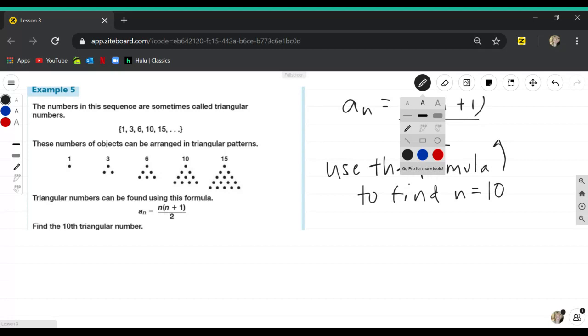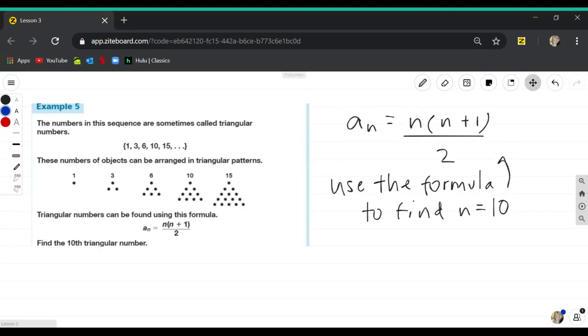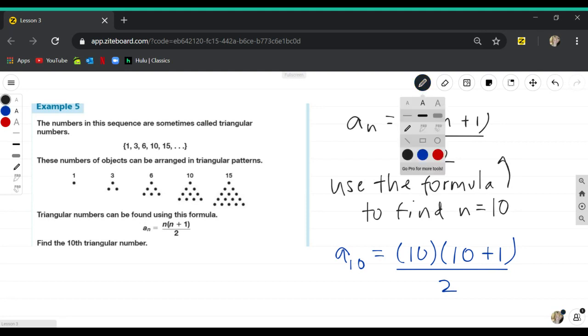So then we plug it in. a10 is equal to n, when n is 10, 10 times 10 plus 1 all over 2. So let's go ahead and simplify that.